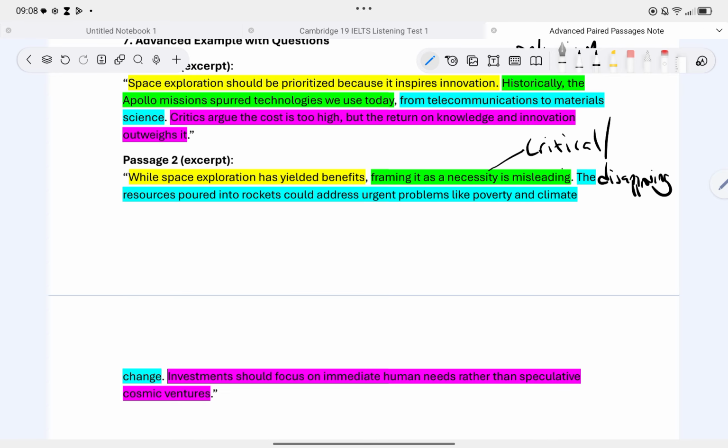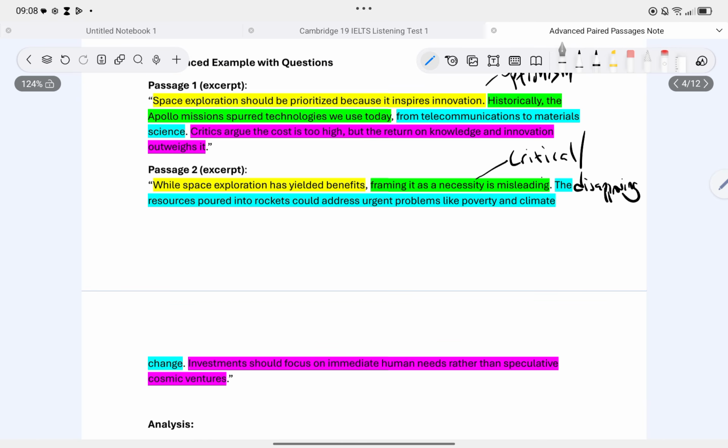The resources poured into rockets could address urgent problems like poverty and climate change. Investment should focus on immediate human needs rather than speculative cosmic ventures. You could pause the video here to read it yourself, just in case you were confused while I was reading it, and then play as soon as you're done reading.